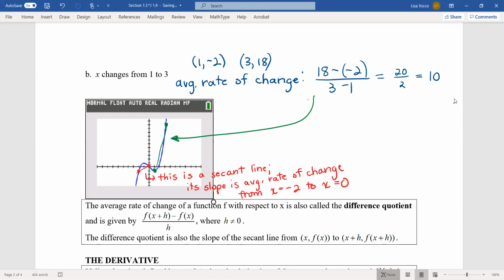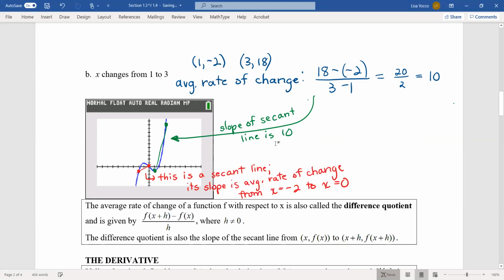All right. So the slope of that line is 10, which is the average rate of change. So if you look in the little information box, the average rate of change of a function with respect to x is also called the difference quotient.